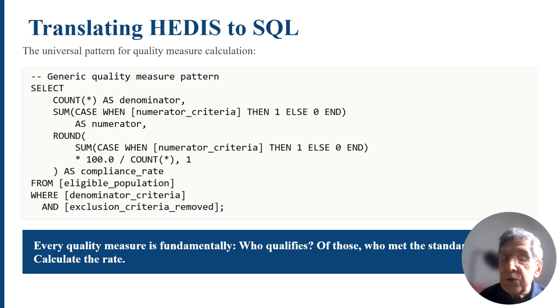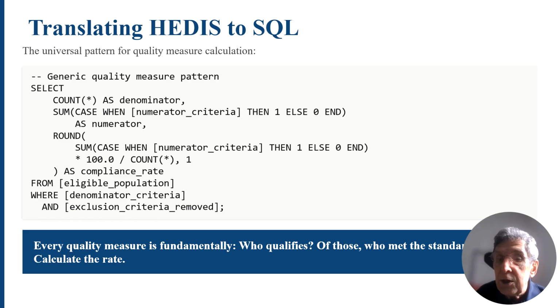This slide shows the universal SQL pattern for calculating any quality measure. Memorize this structure because you will use it over and over. The select clause has three parts. First, the count star gives you the denominator, the total eligible population.